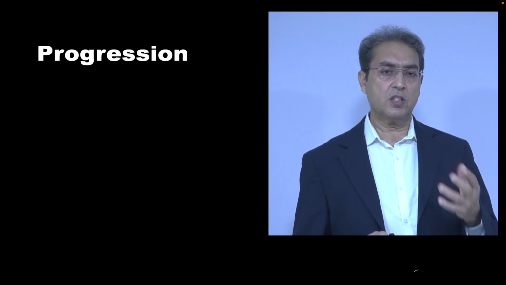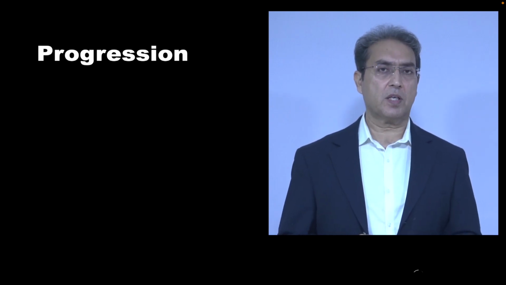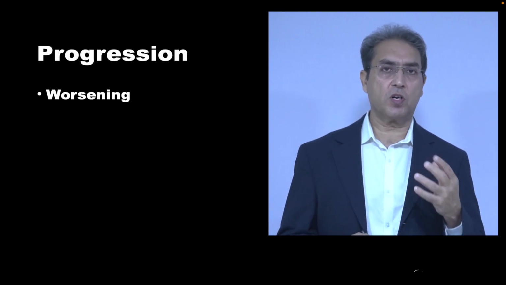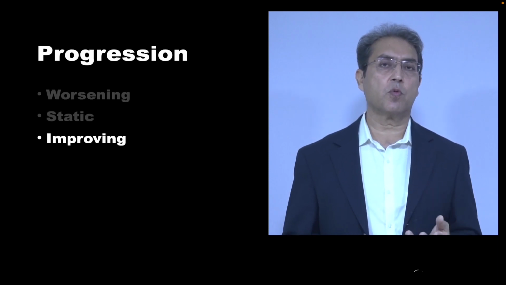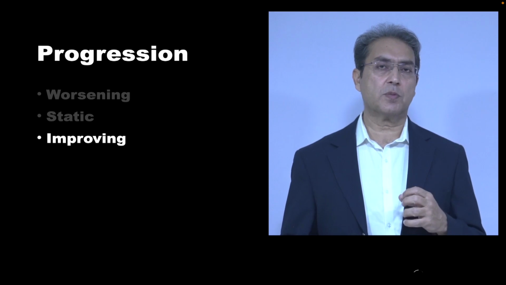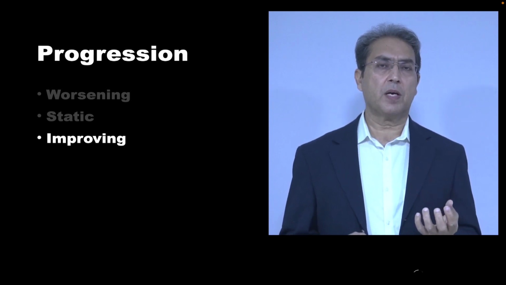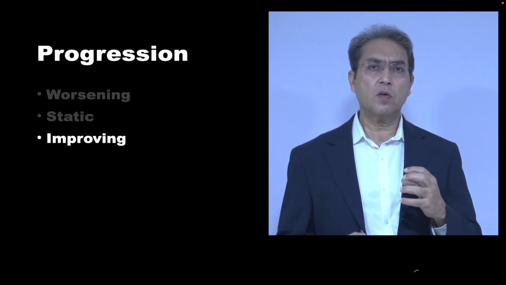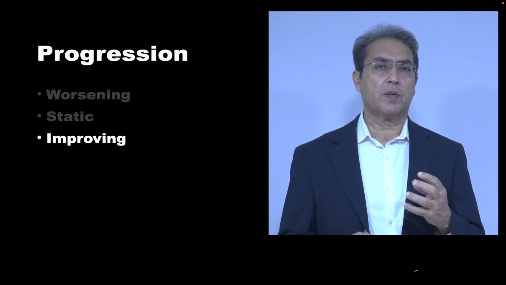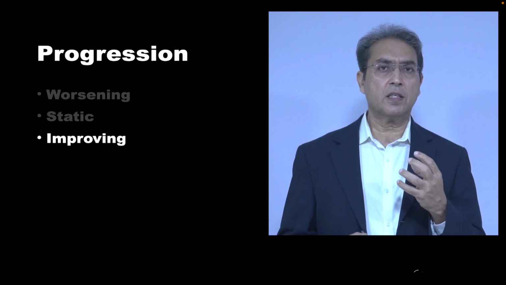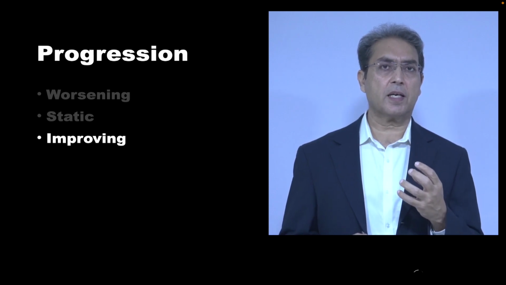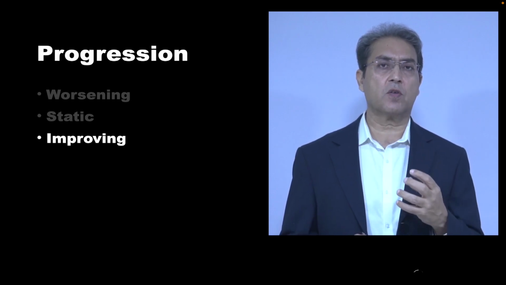And then see the progression of the pain. What is the progression? Is the pain worsening? Is the pain static, or is the pain improving? So you assess for these, because the pain of angina worsens over time, and especially if it is an unstable angina, it remains there, it is static, and if there is myocardial infarction, it worsens.